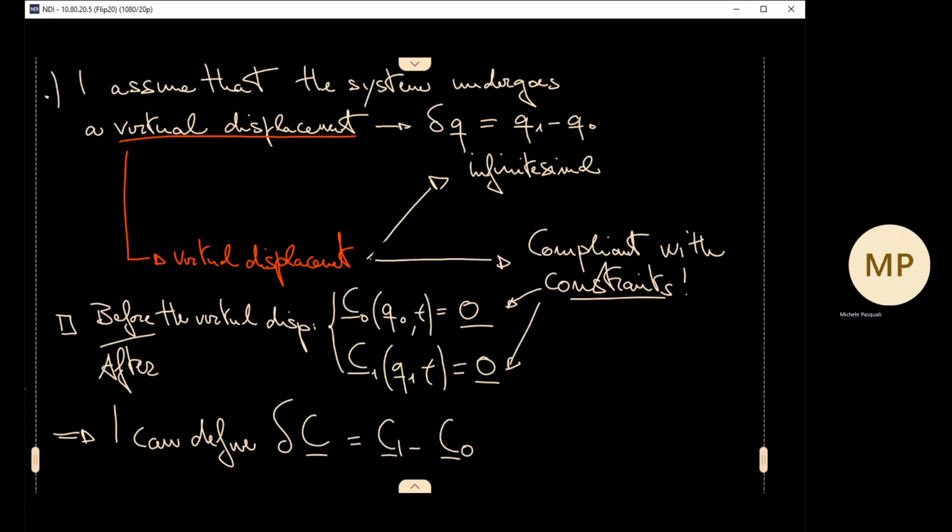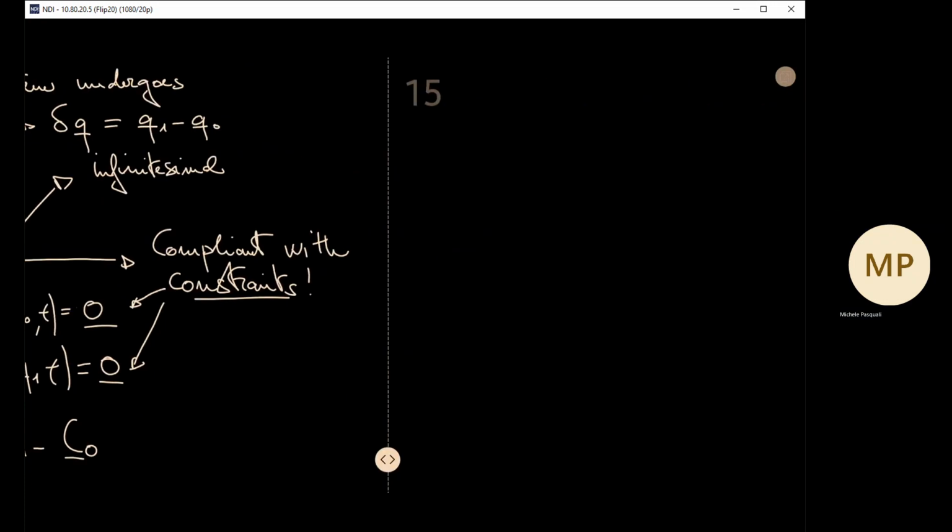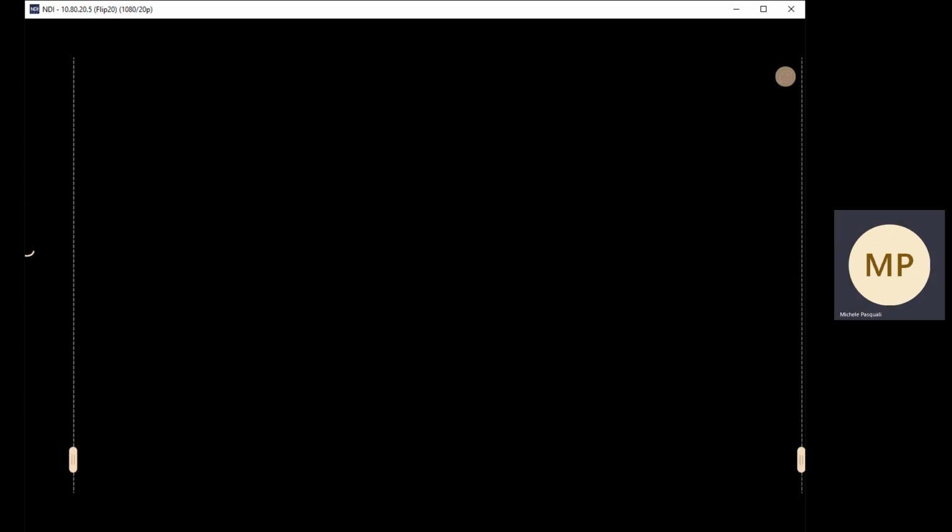Okay, so what is it that I want to get from here? And then eventually we are almost at the end of our lecture. If this is true, by the definition of C0, C1, we can write that delta C is equal to 0, of course.